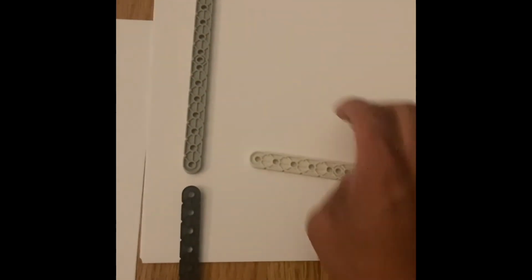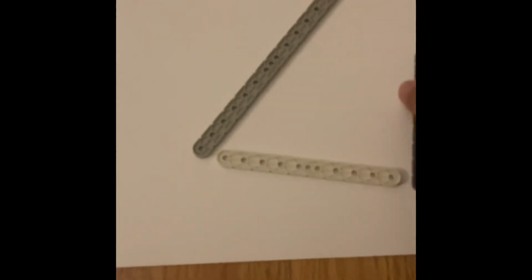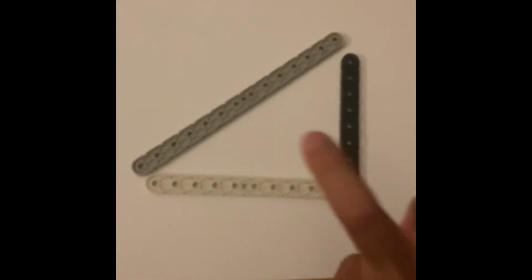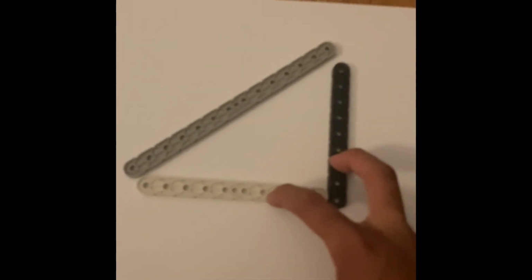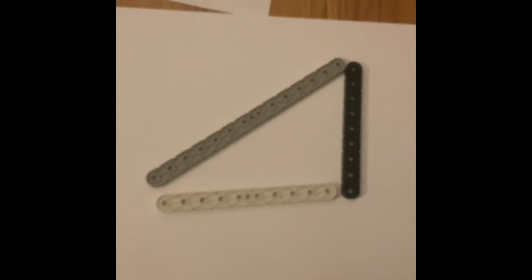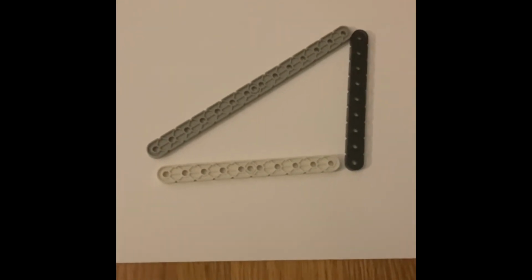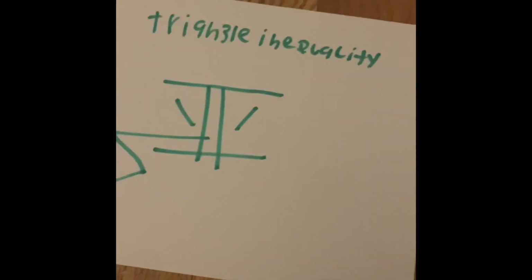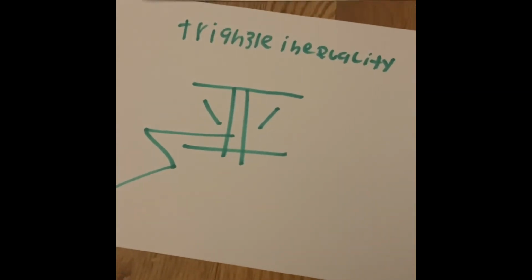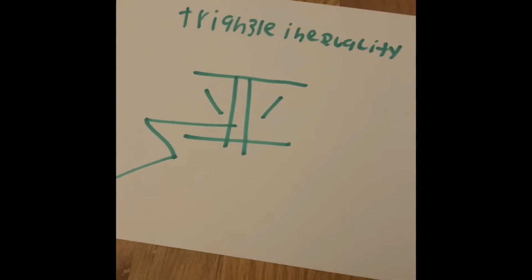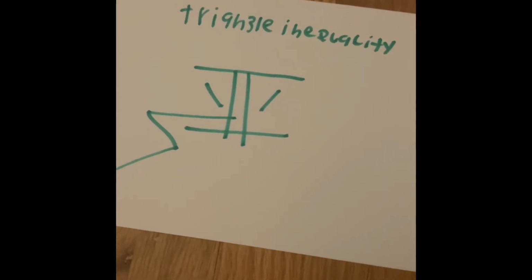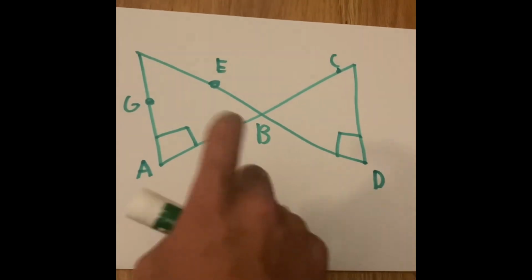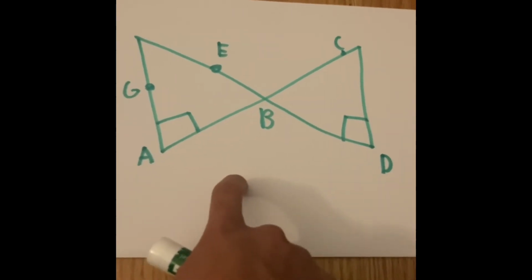Back to resetting. So, visually, we have proved that when you grab any two sides of the right triangle and add them together, it's going to be much bigger than the third. This is helpful with triangle inequality, and it's also helpful for more complex problems that are soon to come. For example, here's a complex example. Here is a shape that was given to us by one of our math teachers.